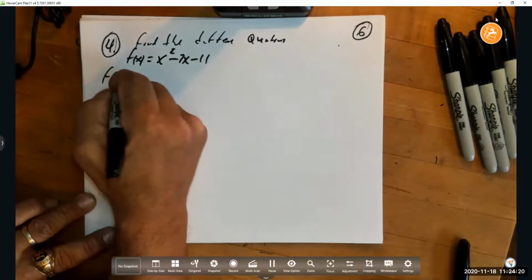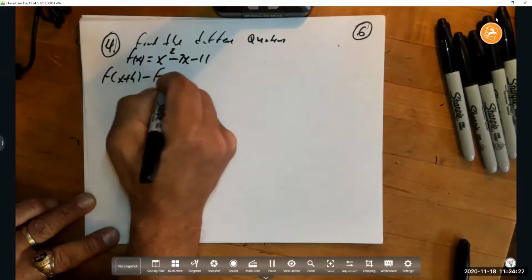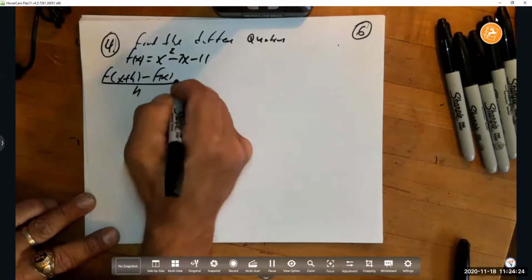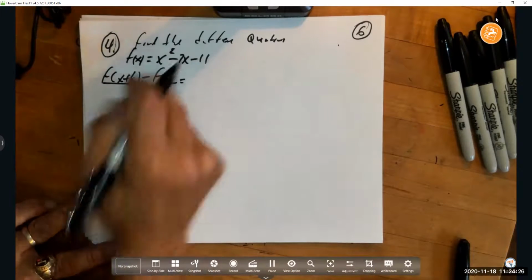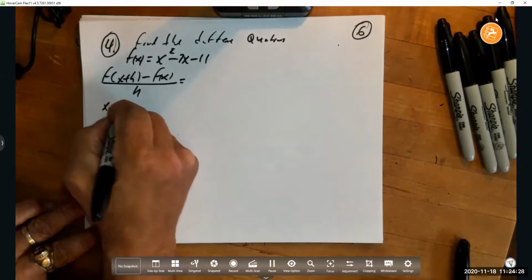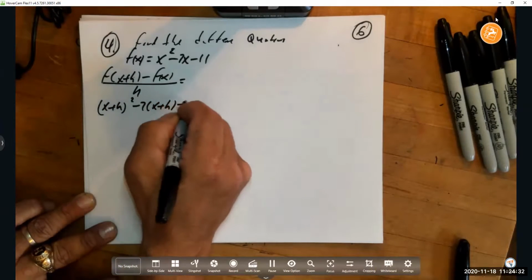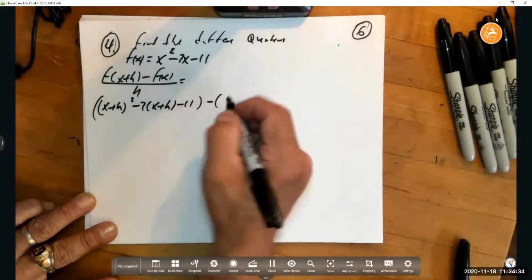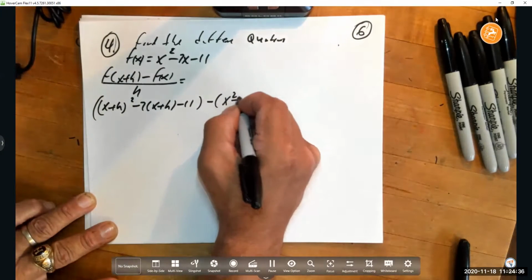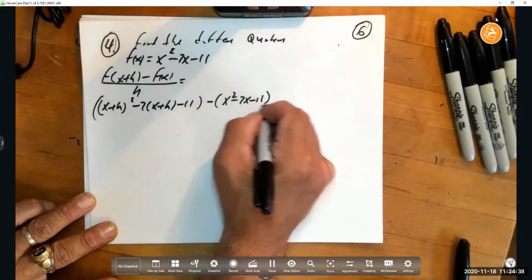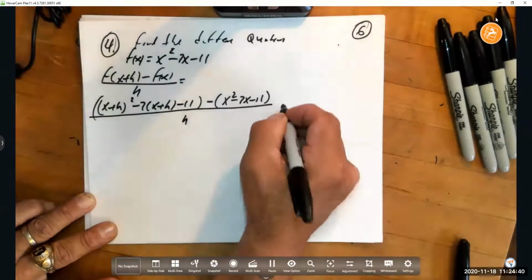So f of x plus h minus f of x over h. So put this in there. x plus h squared minus 7 times x plus h minus 11. Take away x squared minus 7x minus 11, all over h.